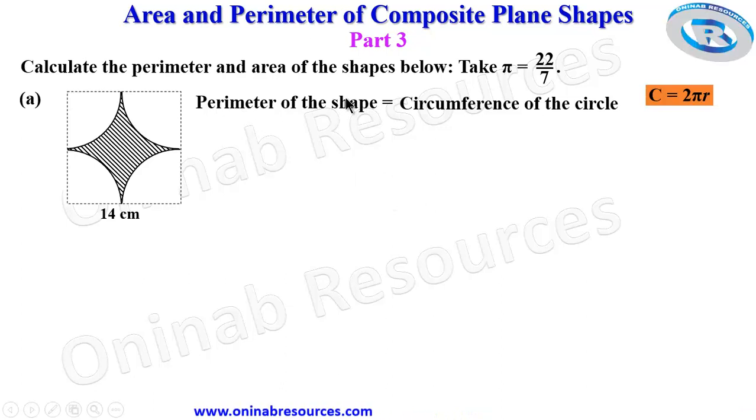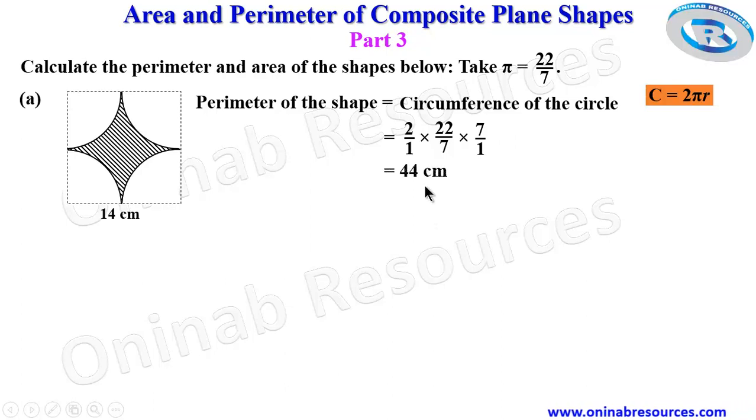So we now have the perimeter of the shape, which is the circumference of the circle, to be equal to 2 times 22/7 times 7/1. If you simplify this with your calculator, we are going to have it as 44 centimeters.